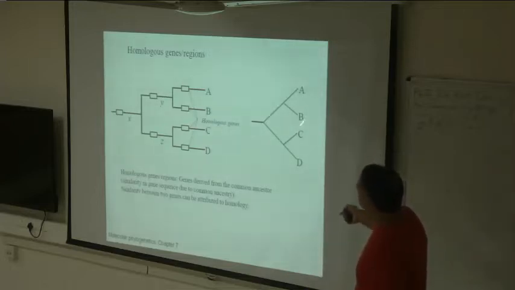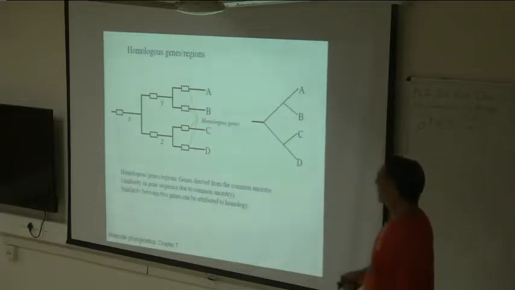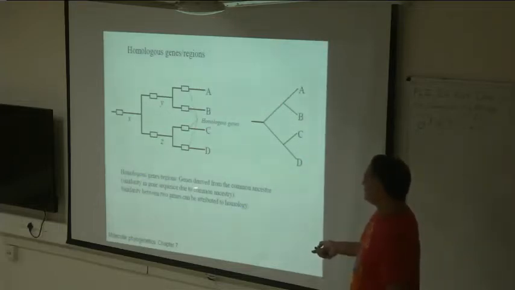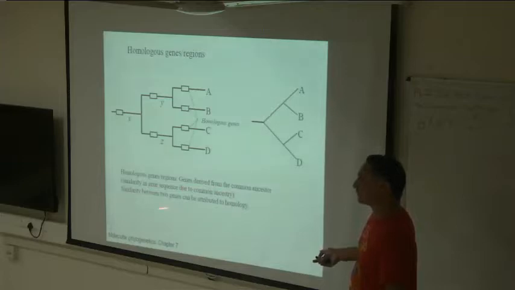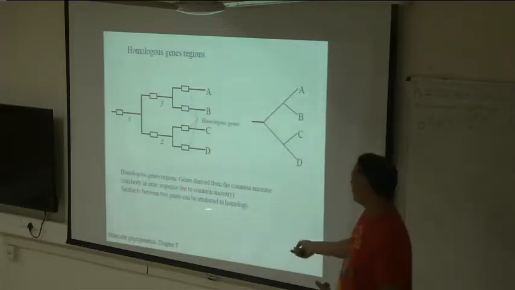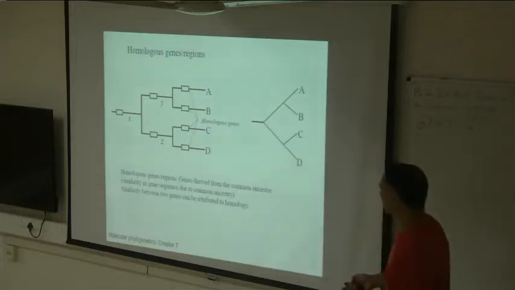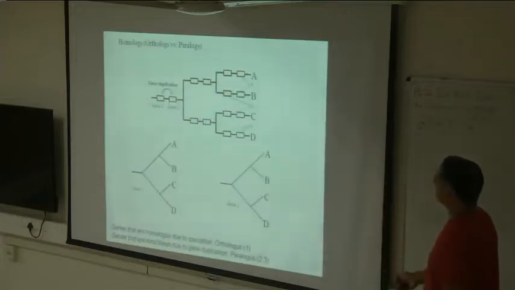And when you build a phylogeny using that gene, it retrieves the actual species phylogeny, right? So genes derived from a common ancestor. So similarity between two genes or similarity between any two regions in different species can be attributed to homology. They have been inherited from the same common ancestor.